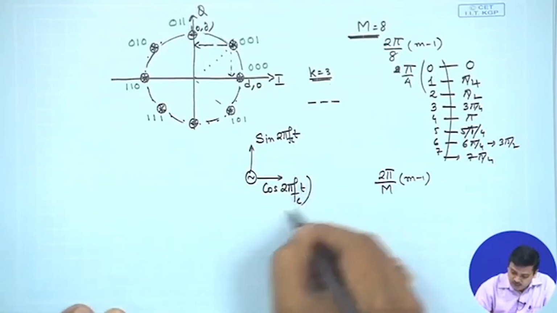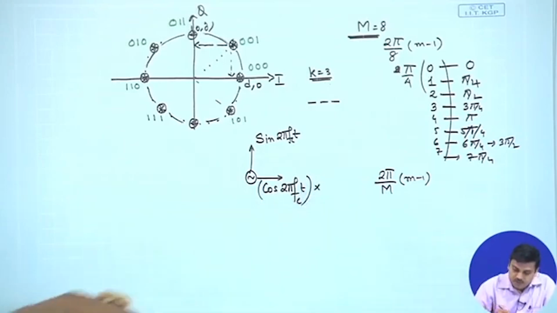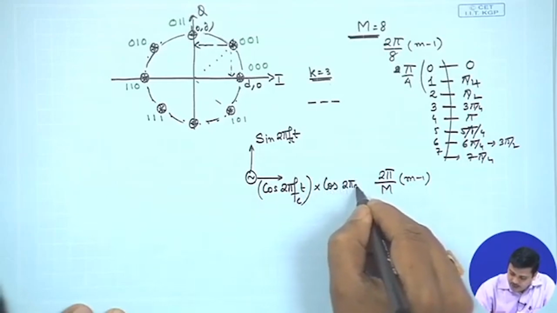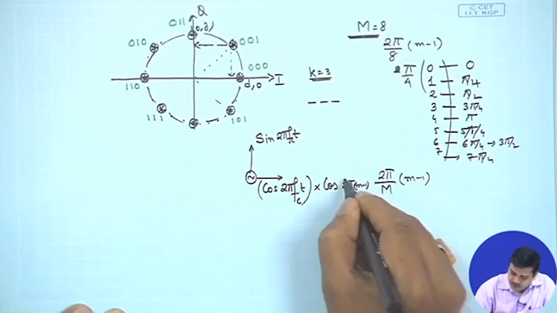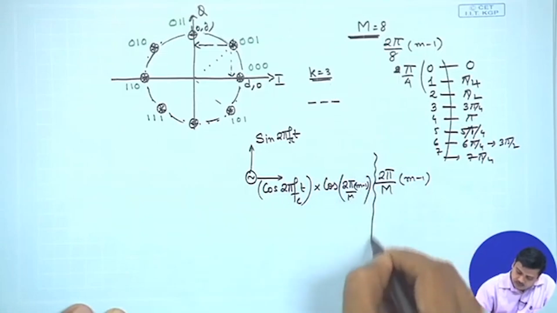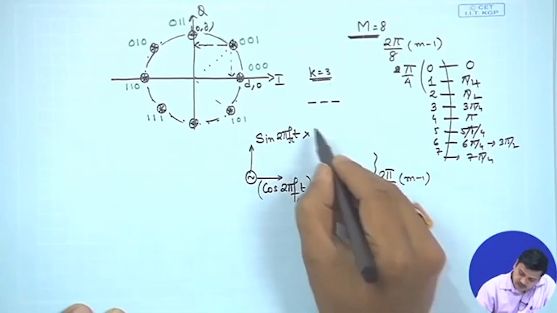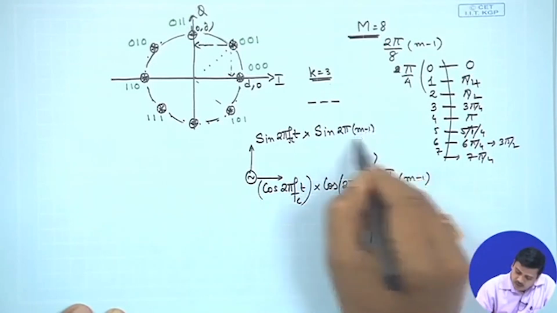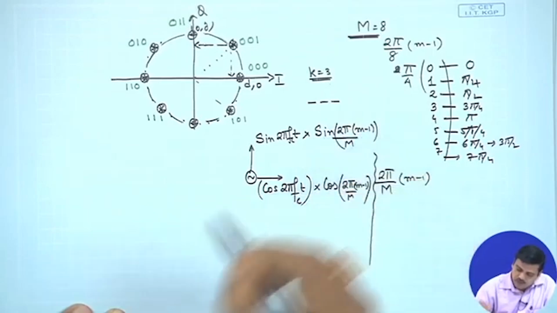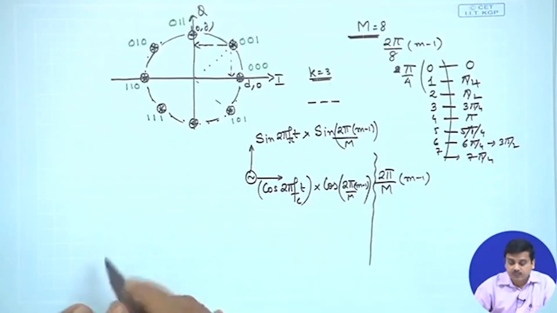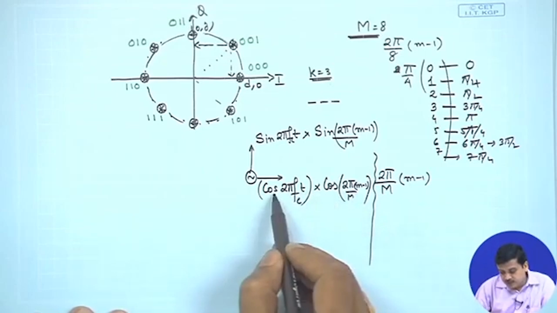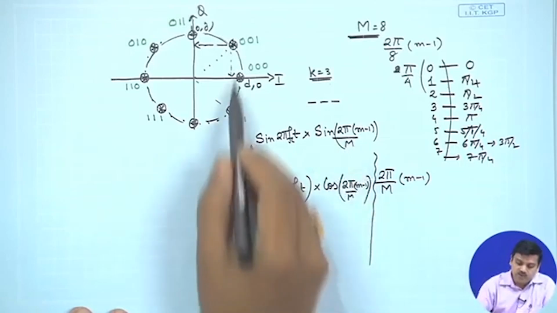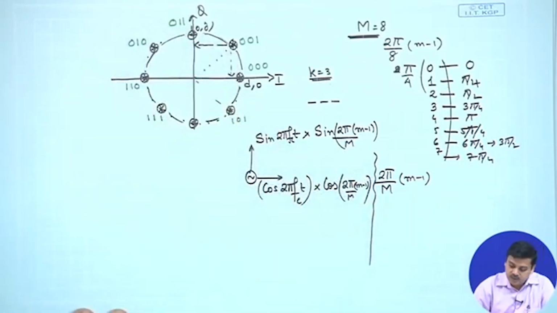On this you can think of doing an amplitude modulation with cos 2 pi (m minus 1) upon capital M, and on this an amplitude modulation of sine 2 pi (m minus 1) upon capital M. So, there is a pulse amplitude modulation going on on two different carriers which can generate this particular signal space.